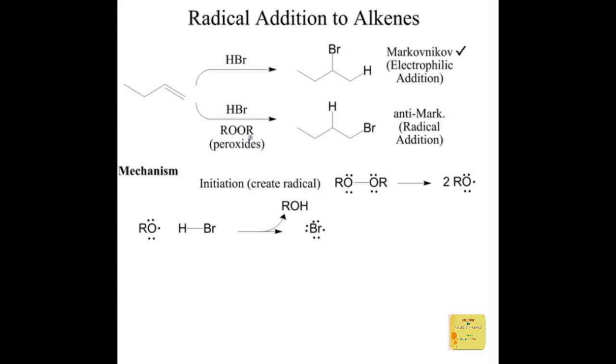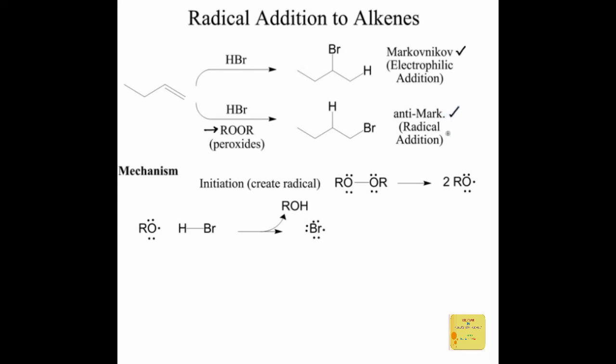Okay, but if we do this reaction in the presence of ROOR, which is the formula for some kind of peroxide, a different mechanism occurs, which is a radical mechanism, and as a result of that mechanism, we get this product, which has the bromine on the end carbon and the hydrogen on the middle carbon.